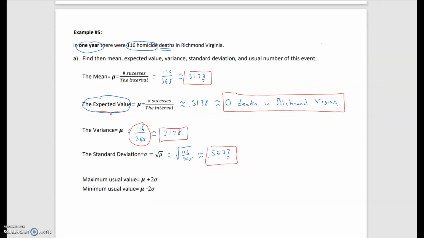Now, when they're talking about the usual number, in this case the last portion, this is referring to the usual interval. In other words, they're asking what would be the typical amount of deaths in this city. Remember that some of these Poissons could be looking bell-shaped, so you're going to see the same values for the usual interval.